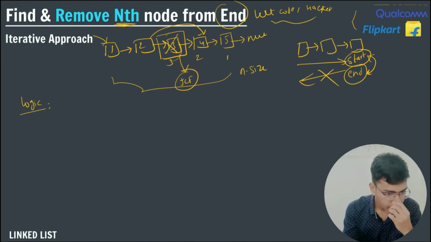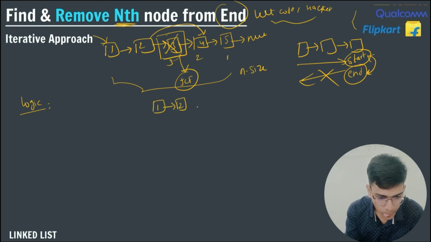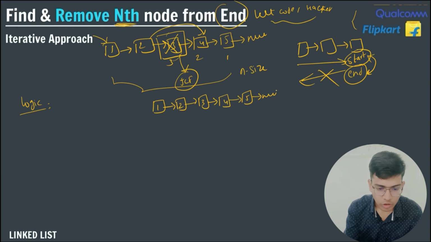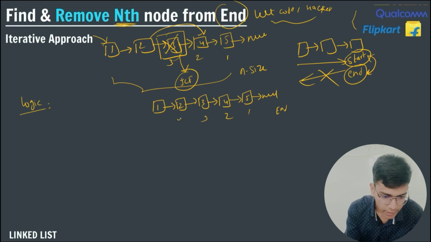Let me redraw my linked list here: 1, 2, 3, 4, 5, and it is pointing to null. From the end, this is index 1, index 2, index 3, index 4, index 5, and from the starting, this is index 1, 2, 3, 4, 5.